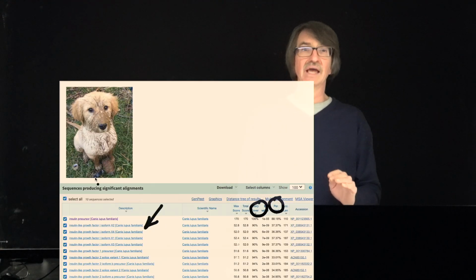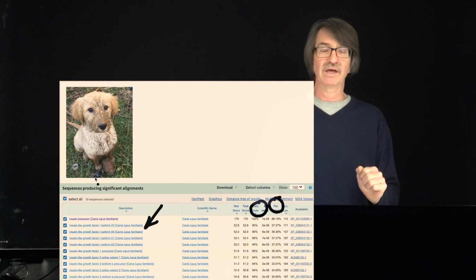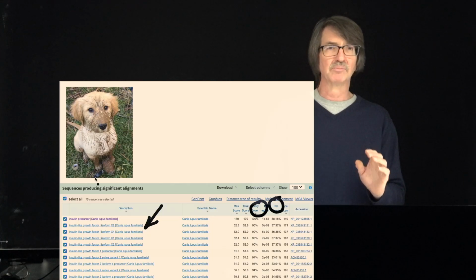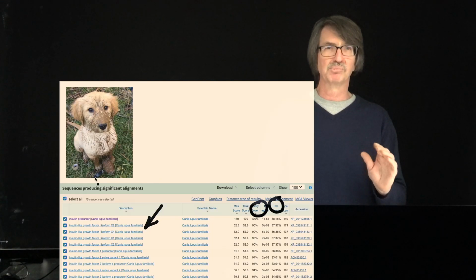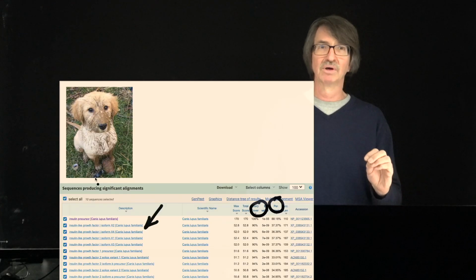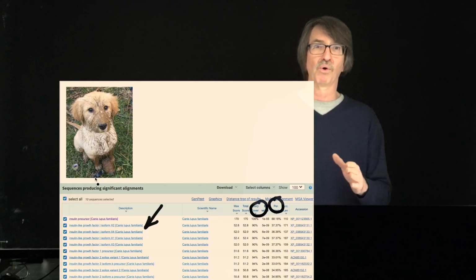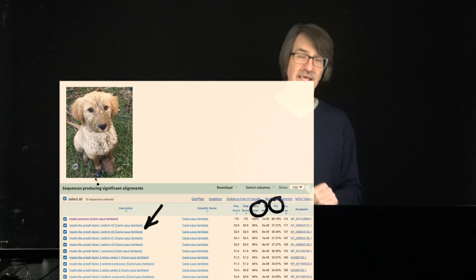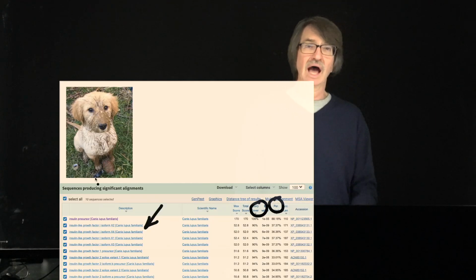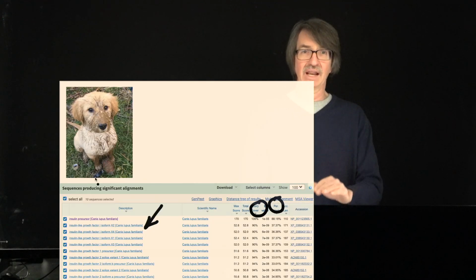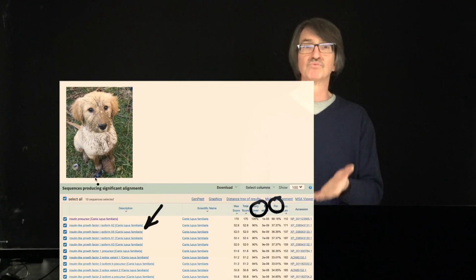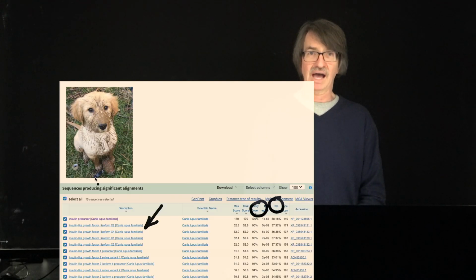The next thing to say is the other value. And the other value is that BLAST is measuring the probability of this match. How likely is this match? And it's called the expectation value, or E value. And again, it's a number too small to see here, but it's given in all the rankings. It's ranking the one with the highest E value as being the best match.